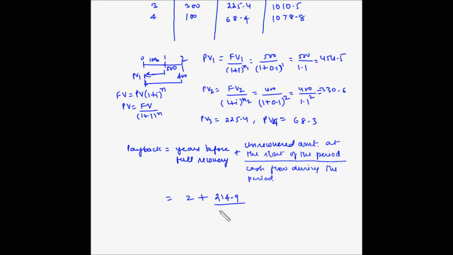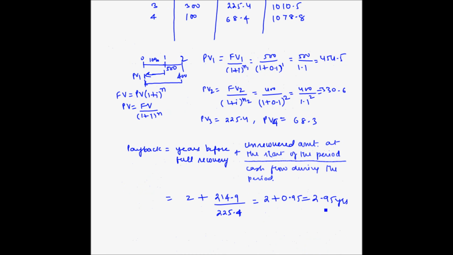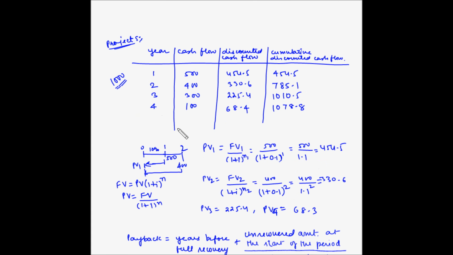So 214.9 divided by 225.4. So this is equal to 2 plus 0.95, which is equal to 2.95 years. So we'll be able to recover the entire investment outlay of 1000 rupees in 2.95 years for project S as per the discounted payback period method.